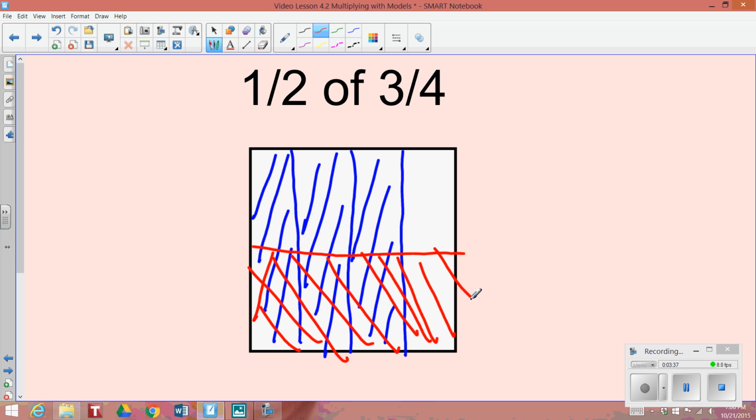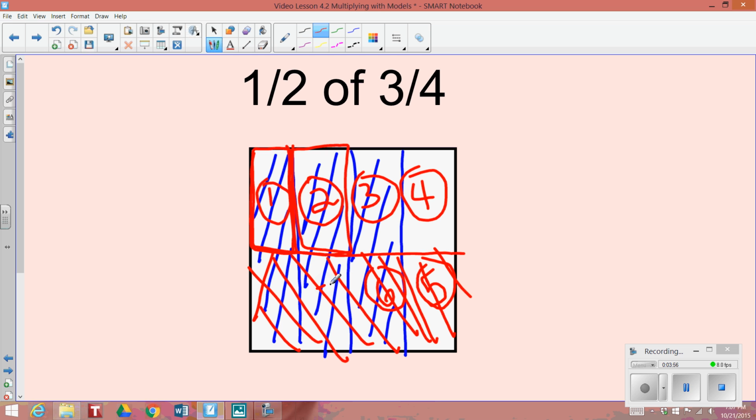And I noticed that when I took 1/2 of the fourths, I all of a sudden got these kind of smaller rectangles. I've cut this 1 cup into, let's count, 1, 2, 3, 4, 5, 6, 7, 8.